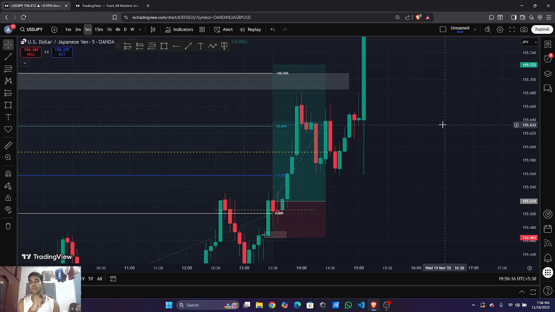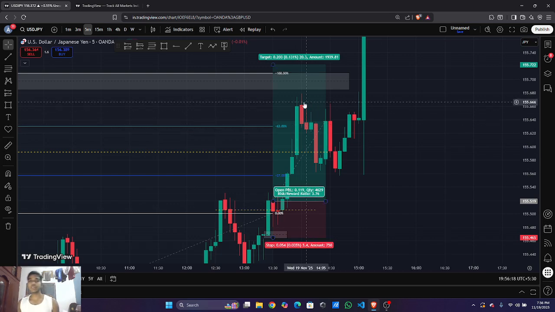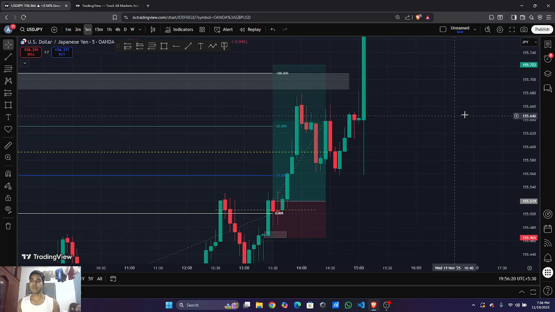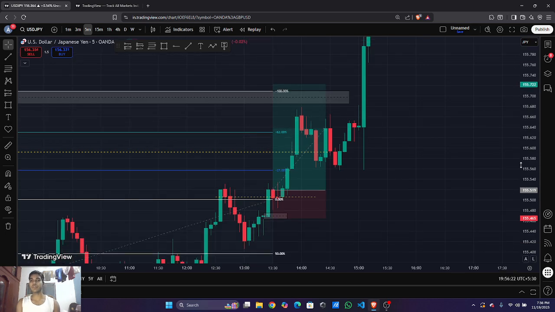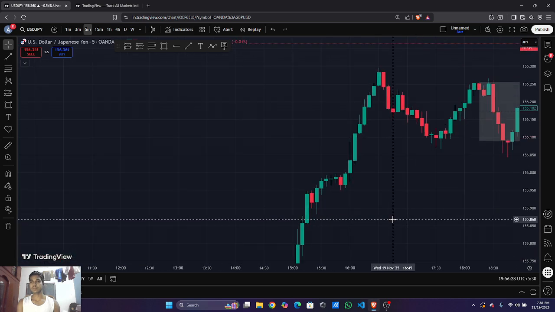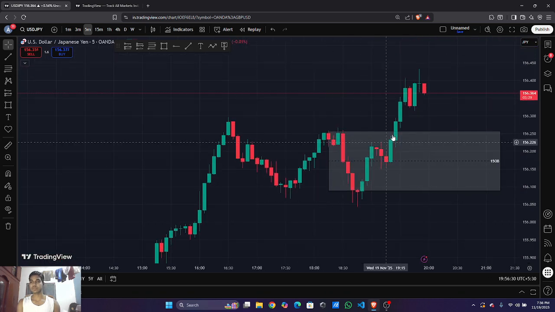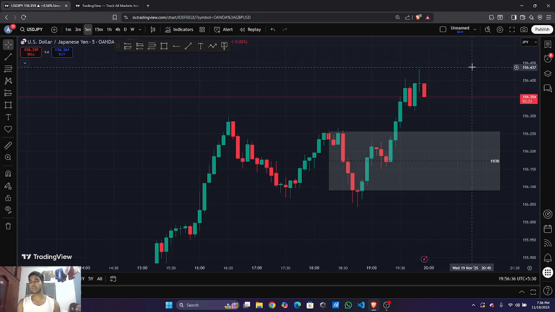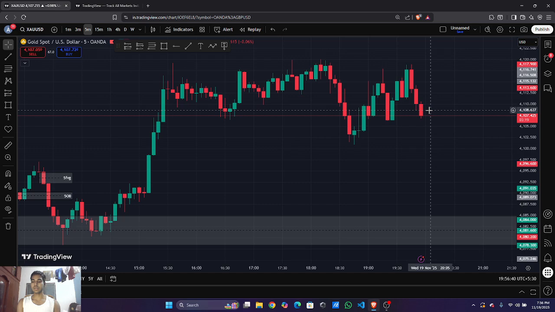I would rather book my profits in between than risk my profits for bigger targets. That would be nice. So there will be a manipulation, 5-minute breakout structure. People might start selling, then it can continue. So good. We have a good price action in JPY.